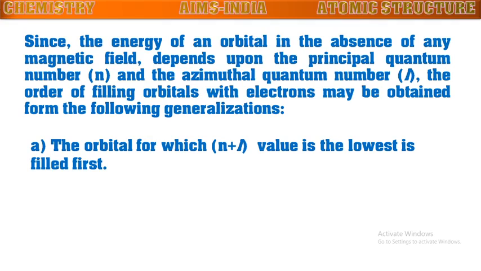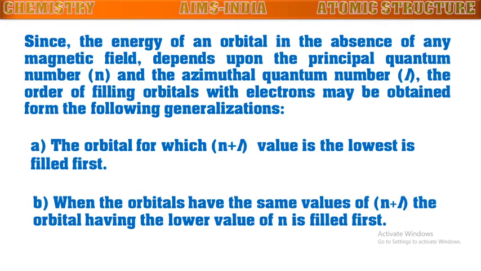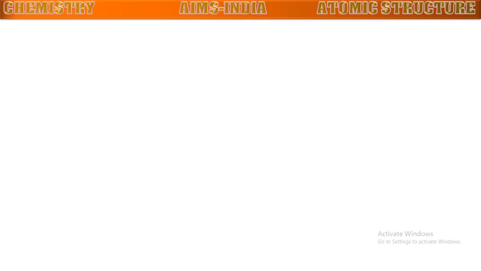That is, the orbitals for which the n plus l value is lowest are filled first. If one or more orbitals have the same n plus l value, then the orbital having lower n value is filled first.